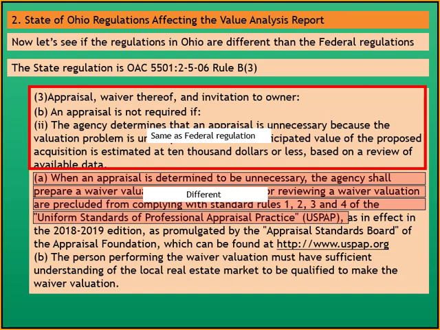So what ODOT did is it invoked the jurisdictional exception rule in USPAP, put it into the Ohio Administrative Code, so therefore this section of the code precludes the appraiser from complying with USPAP under certain conditions.